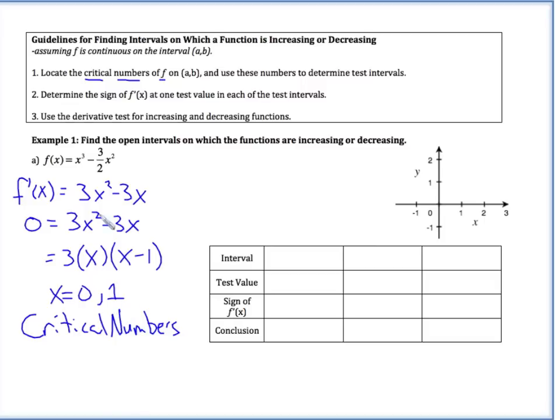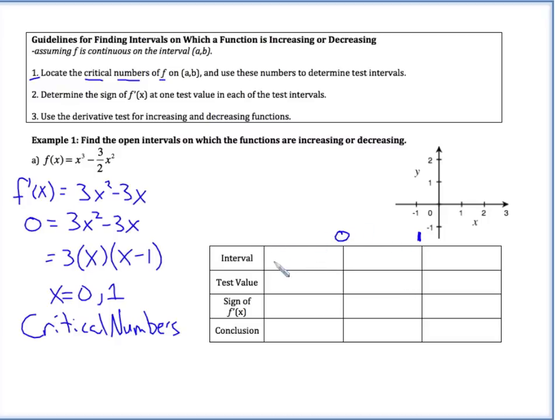Okay, so that was step number 1. It said locate the critical numbers, and now we want to use these numbers to determine our test intervals. So basically, we're going to put our critical numbers right here, 0 and 1, and we're going to be looking at intervals around these critical numbers.